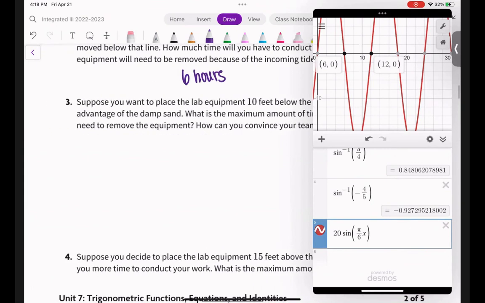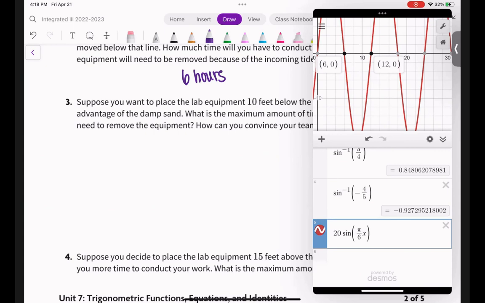Okay, so here you are. 10 feet below. So this is kind of where we are right here, where I can't get it exactly, but somewhere here. 10 feet below the average water line. And now they want to know, how much time do you have before you'll need to remove the equipment? So right here, it's 7, -10.